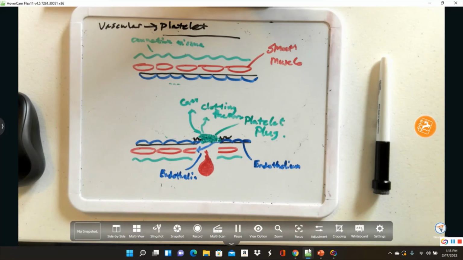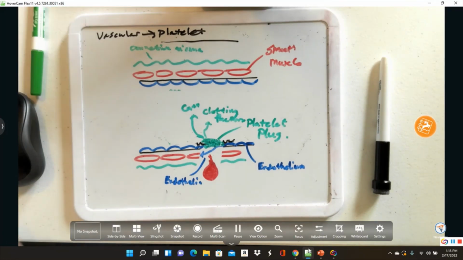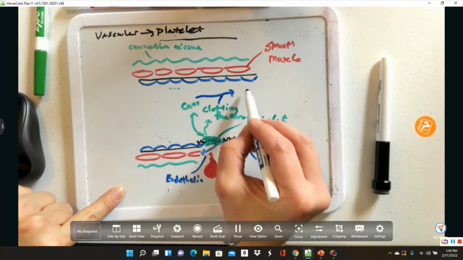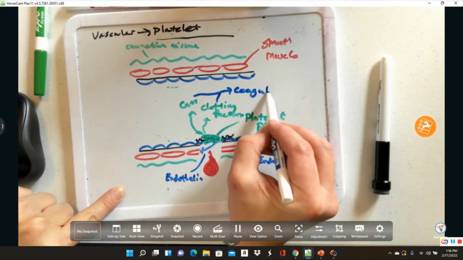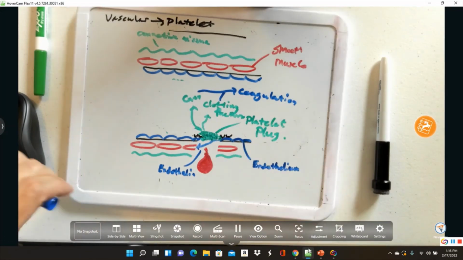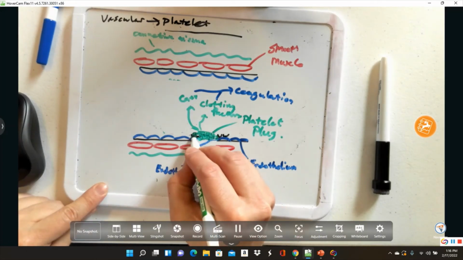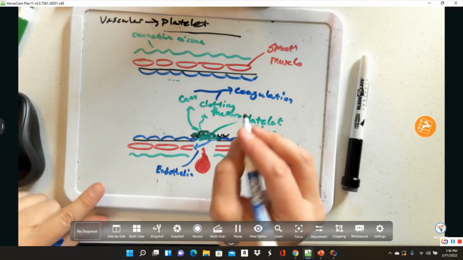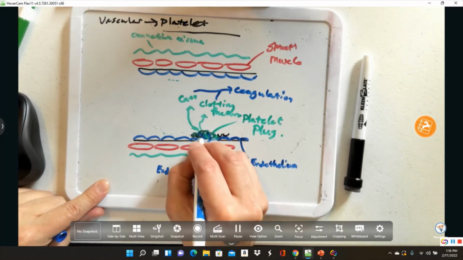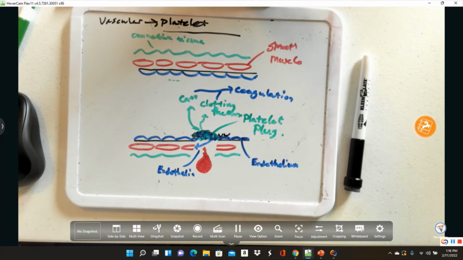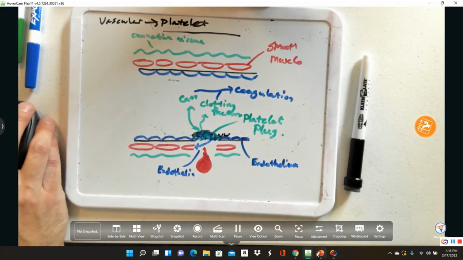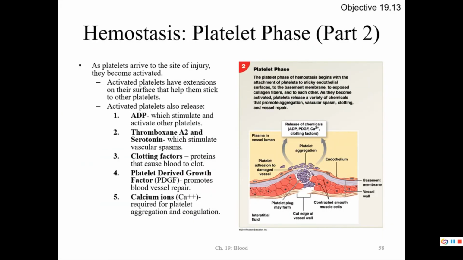This is going to lead to coagulation. I've got all these platelets forming a platelet plug here, and then coagulation happens, and I'm going to cover that with fibrin strands and reinforce it. Basically, that's what's going to happen. So let's look at how all this can happen.